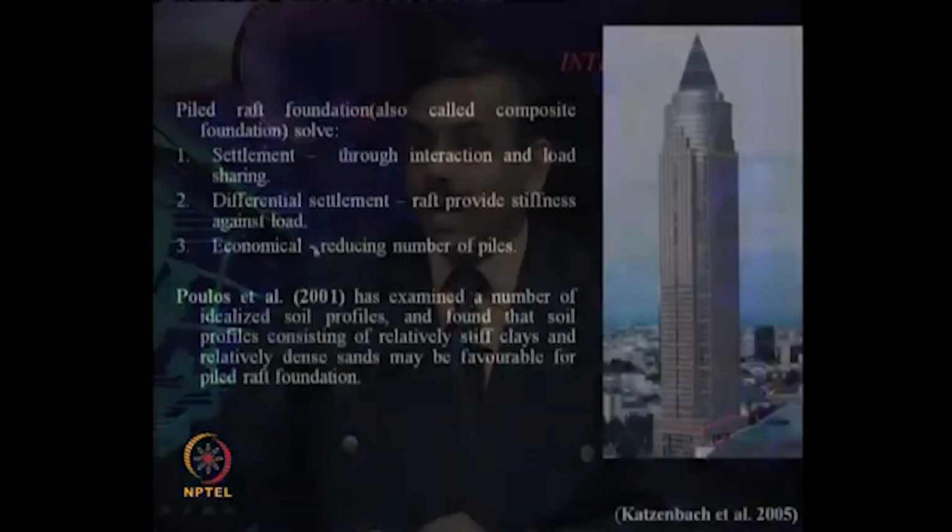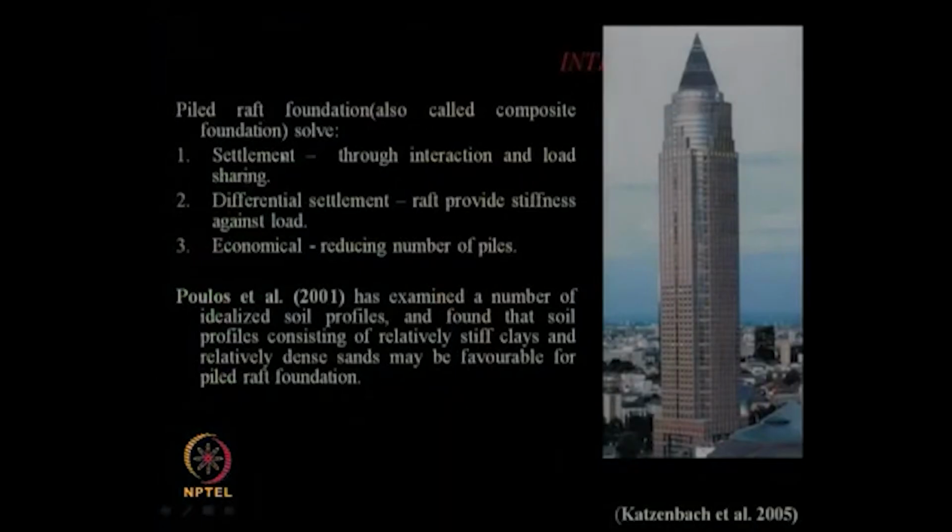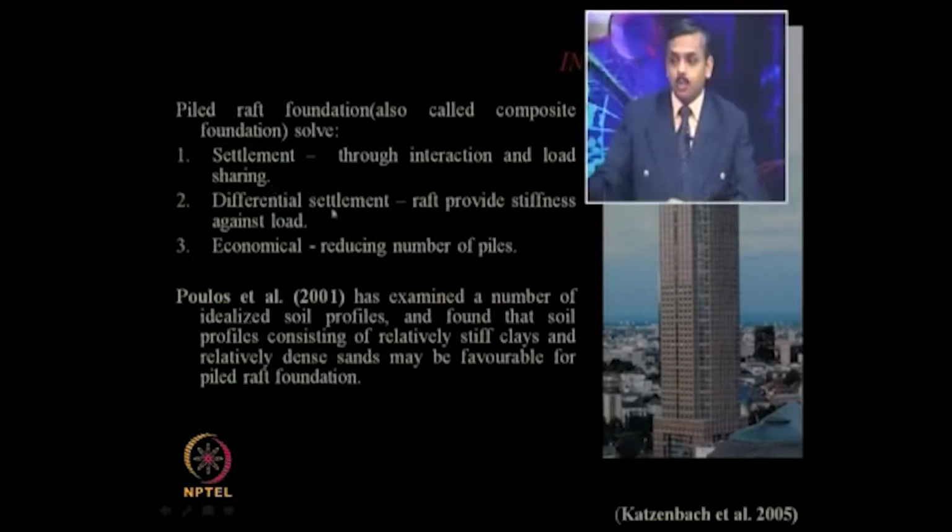That combined action of the raft and pile is the pile raft foundation, CPRF. Its settlement occurs through interaction and load sharing between the two sections; the raft provides stiffness against differential settlement and load, and it is very economical.